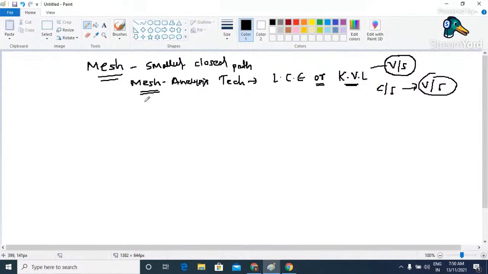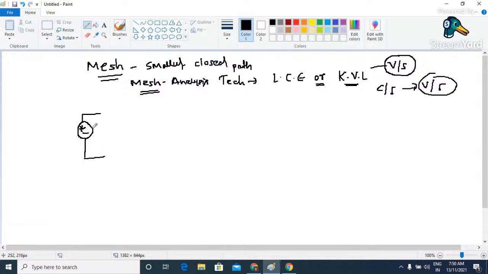So let us try to solve one numerical so that you can understand what exactly mesh analysis is. For that, I'm taking a simple network over here. Suppose here we have a network, something like this. So we have an active element, plus minus. So this is plus and this is minus.